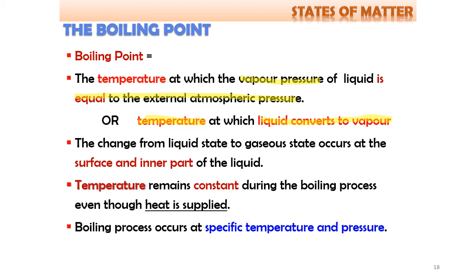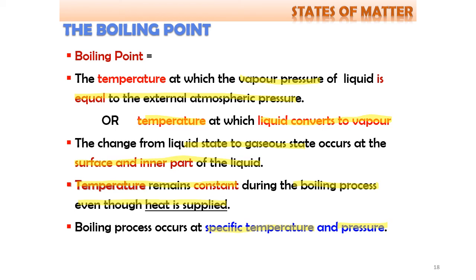Okay, so the change from liquid state to gaseous state occurs at the surface and inner part of the liquid. Therefore, temperature will remain constant during the boiling process even though heat is supplied. Maksudnya dia dah capai dia punya level ataupun the boiling point. Boiling process will happen at a specific temperature and also pressure.